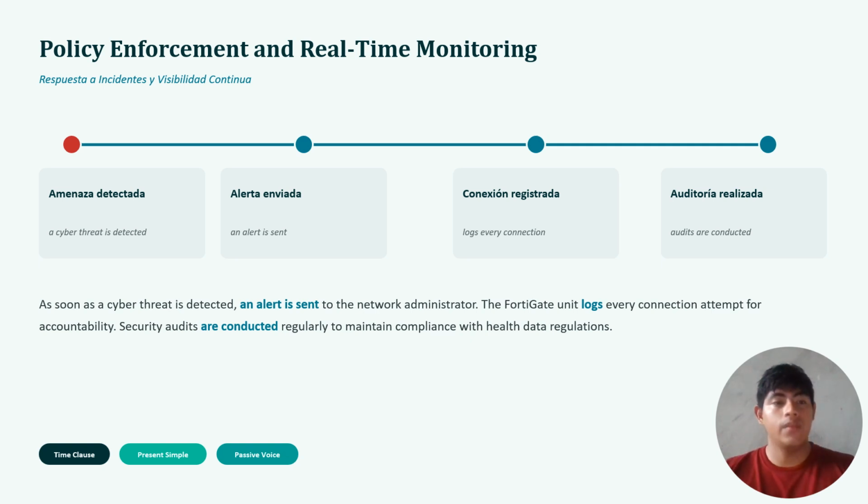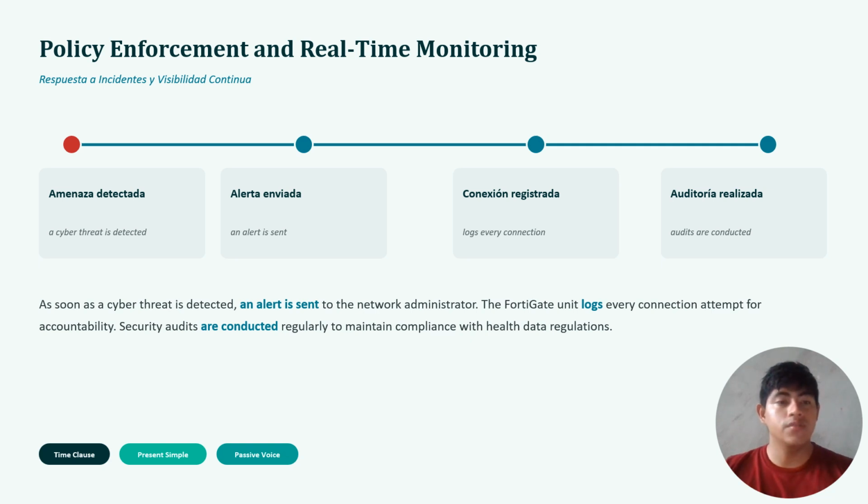Slide 4. Policy enforcement and real-time monitoring. What happens if there is a threat, a cyber attack? When it is detected, an alert is sent to the network administrator, and the FortiGate logs every event for accountability purposes.